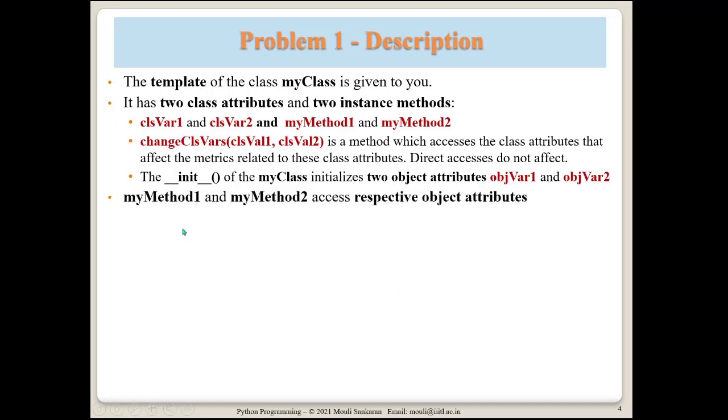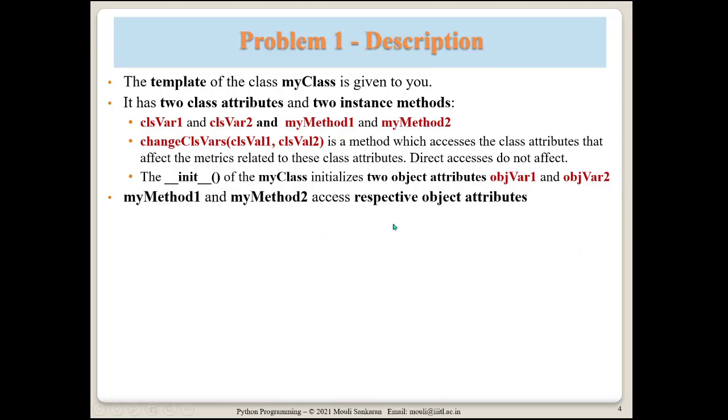Now, I told you that there are two methods, right? This my_method1 and my_method2 are also going to be in the class which I am going to give you. They access those respective object attributes. They take self as an input as well as some value, and assign it to the object variables.